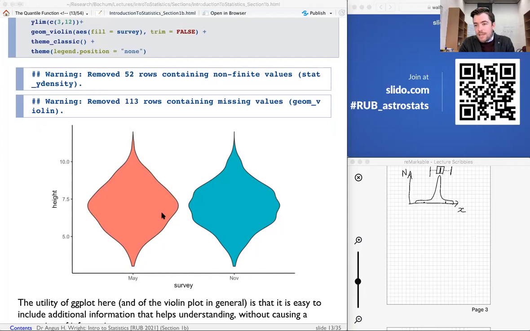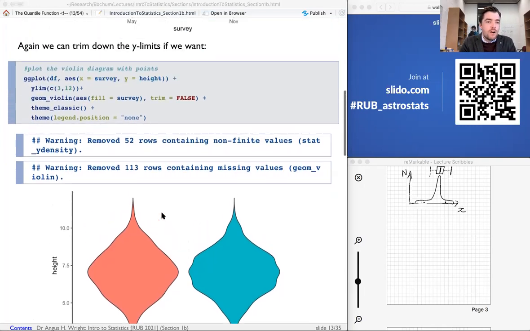One of the really neat things about the violin plot is that you can compound information into it in a way that is really easy on the eye. It's really easy to interpret. Now, you might have noticed I'm using a very strange plotting function here.